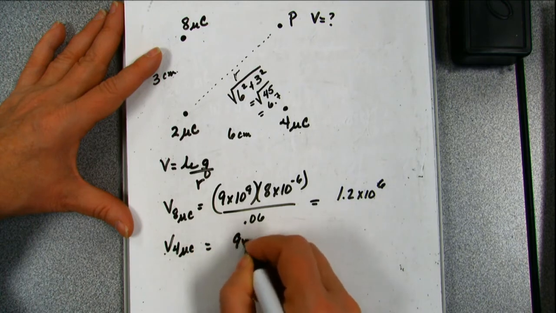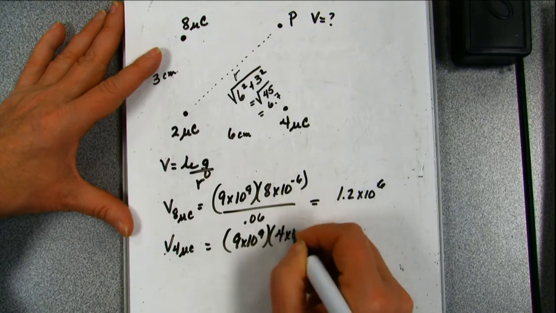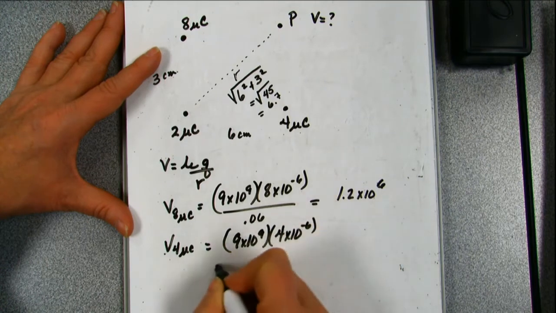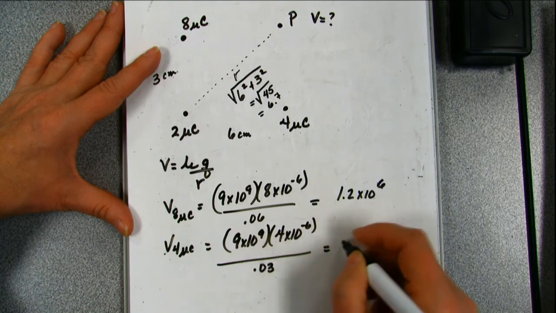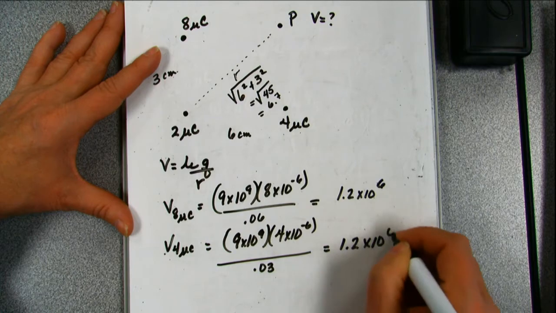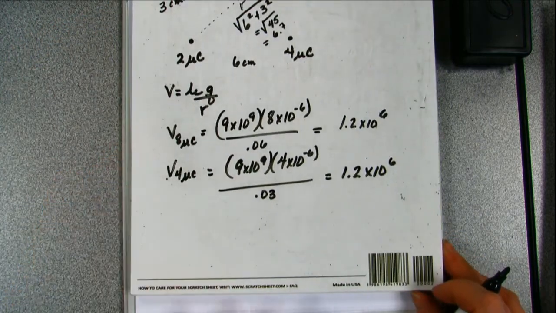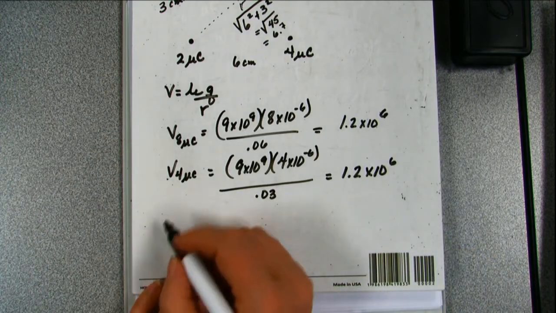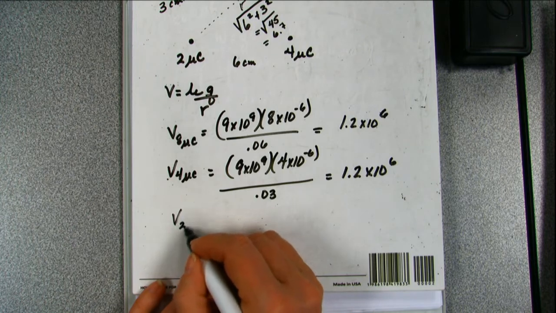I do it for the 4 microcoulomb. I get my 9 times 10 to the 9th, 4 times 10 to the minus 6. And I'm 0.03 away, gives me 1.2 times 10 to the 6th. That just happens to be fortuitous. The other one is at 2 microcoulombs.